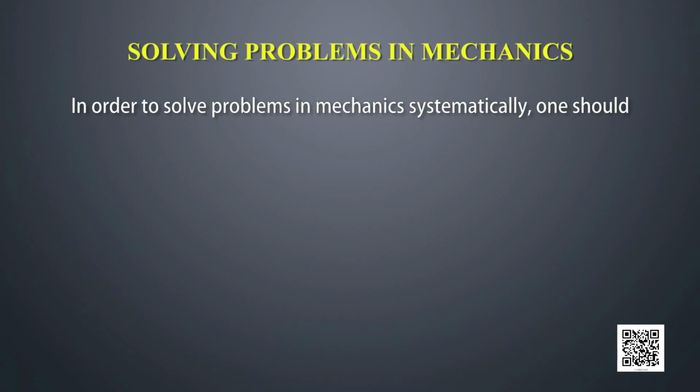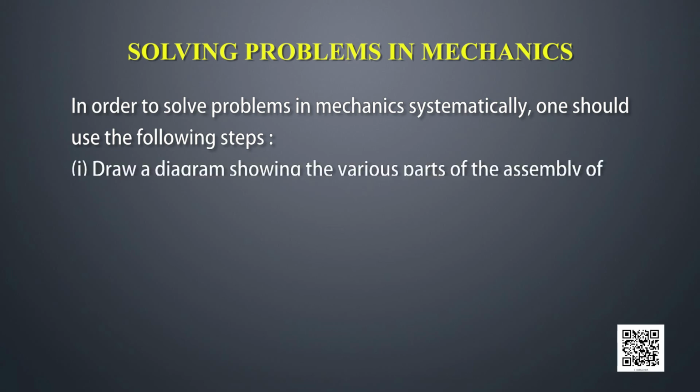Now, let us learn a few points which we have to keep in mind while solving numerical problems in mechanics. In order to solve the problems in mechanics systematically, one should use the following steps. Number 1, draw a diagram showing various parts of the assembly of the bodies, their links.